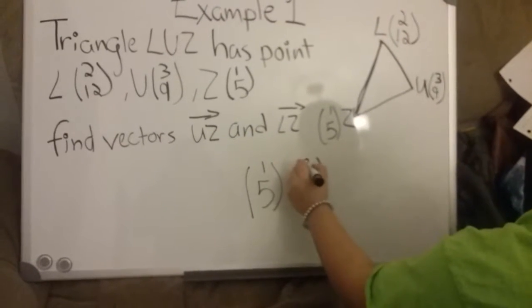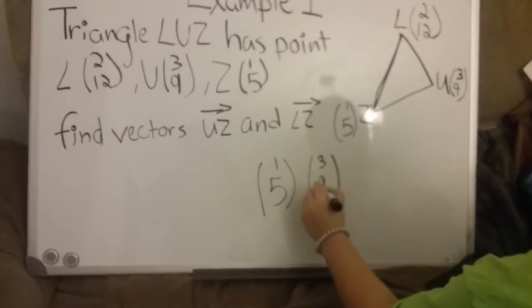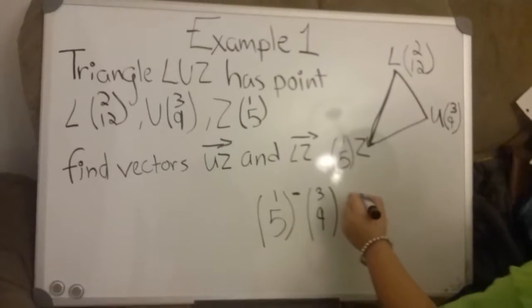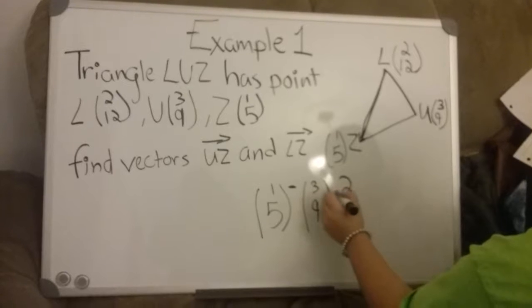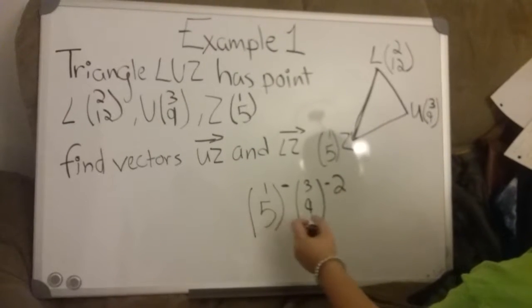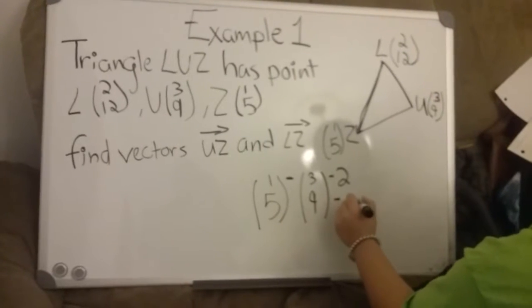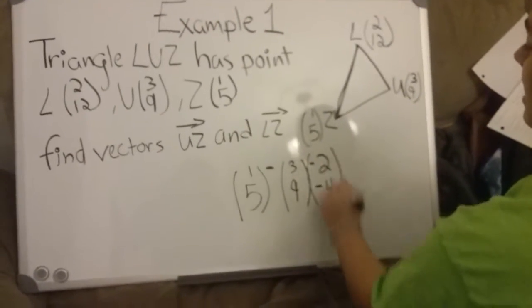So 1 minus 3 is negative 2, and 5 minus 9 is negative 4.